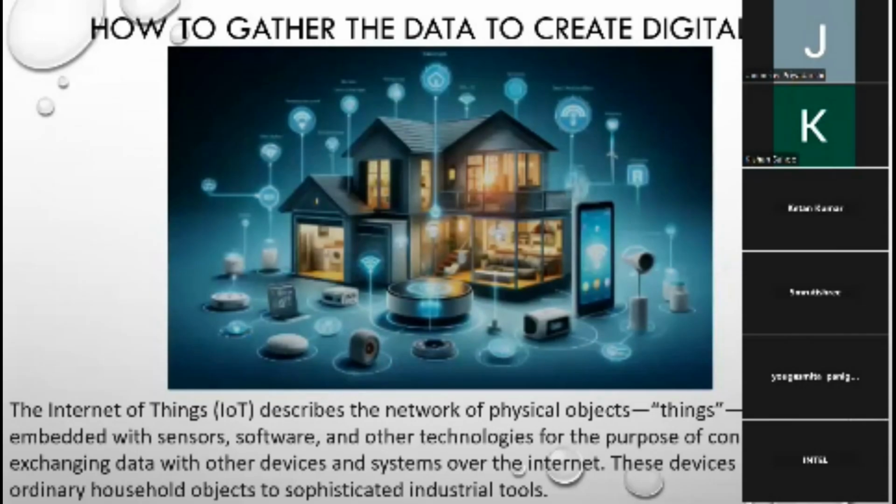Now, the question arises how to gather the data to create the digital twin. The solution comes in the modern world with a name called IoT, known as Internet of Things. IoT describes the network of physical objects or things that are embedded with sensors, software, and other technology for the purpose of connecting and exchanging data with other devices.